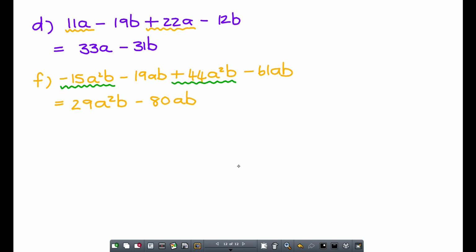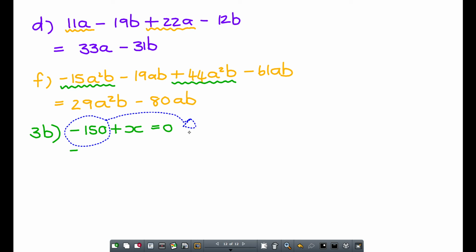Okay, number 3. B was minus 150 plus x is equal to 0. So the first thing that we wanted to do here is move that minus 150 to the other side, right?